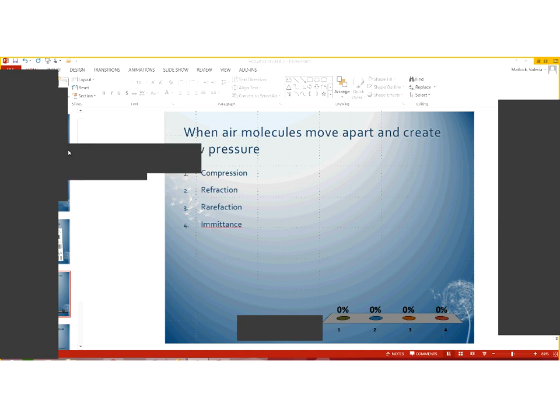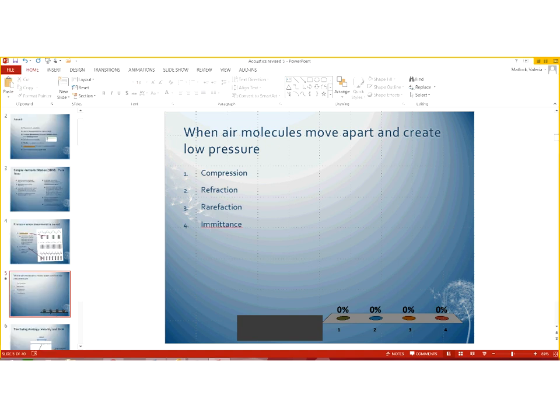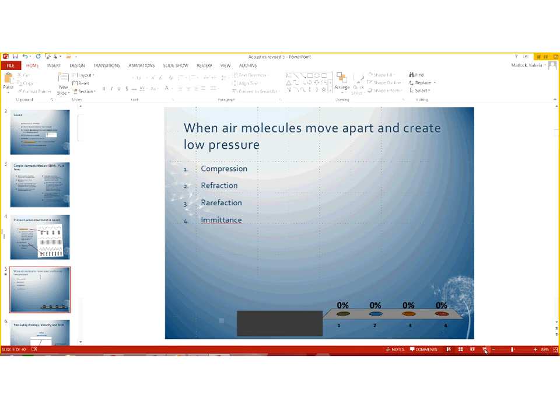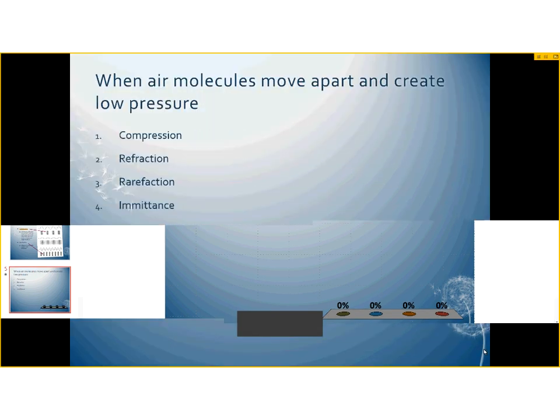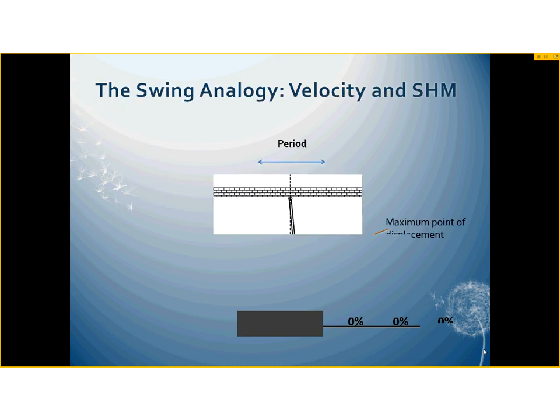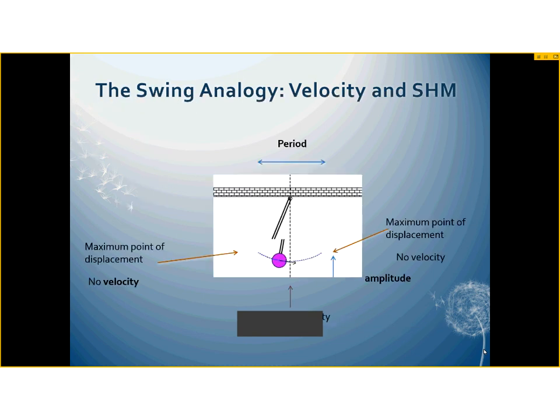Let's see. Go back to the polling and yeah, you should see 4 options now. Okay, let's go down to the swing analogy. Okay, so we have an oscillating body, we have a pendulum, and this is your position of rest.